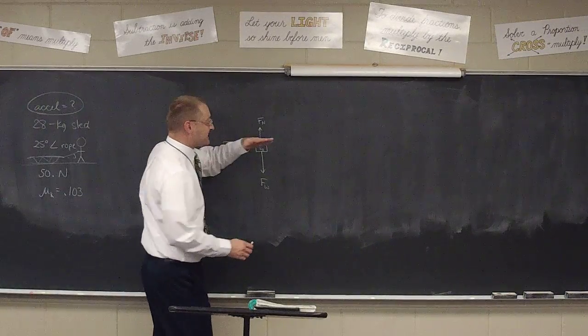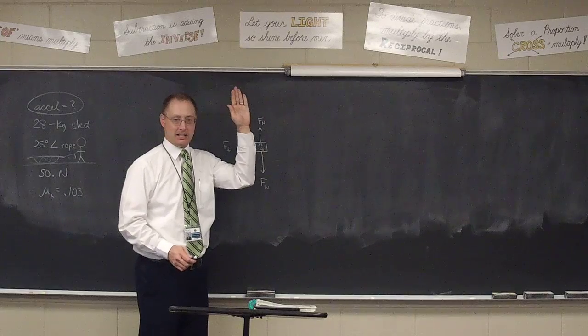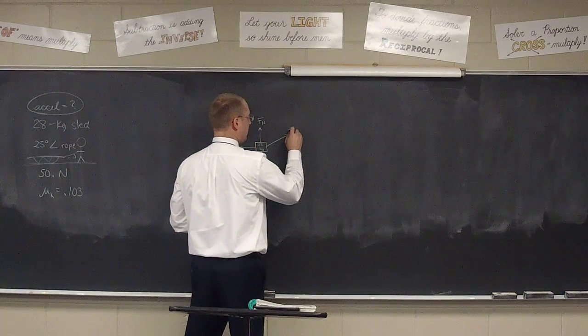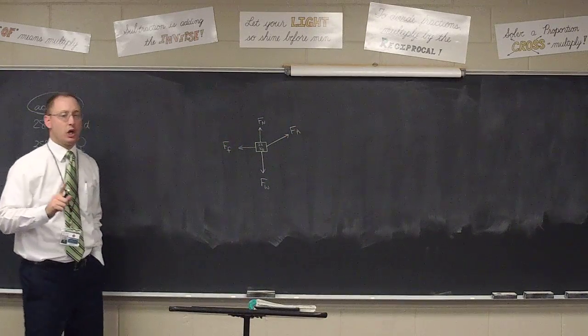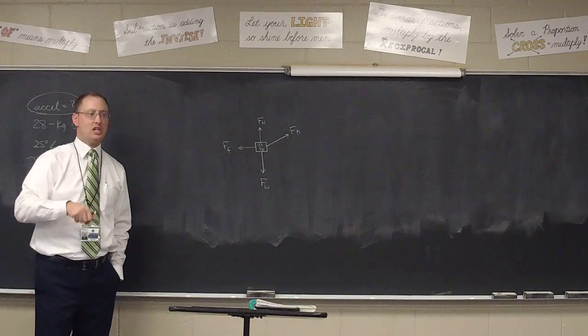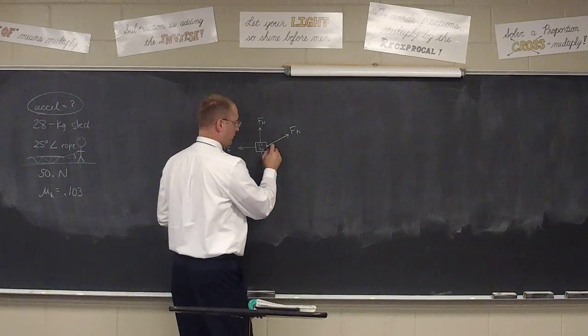Now, his force is not in the x, and it is not in the y. It's at an angle. That's the applied force. But because it is neither in the x nor in the y, it is both in the x and in the y at the same time. At least a component of it is.